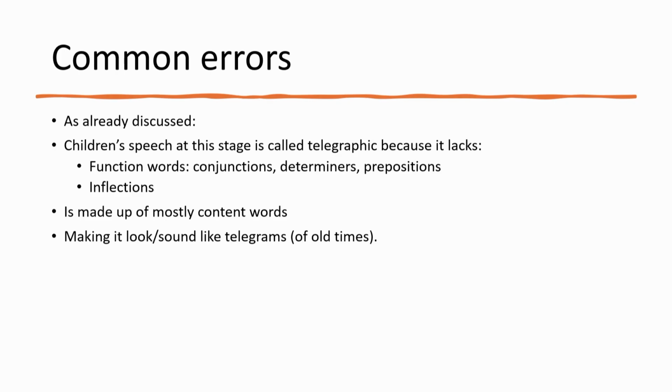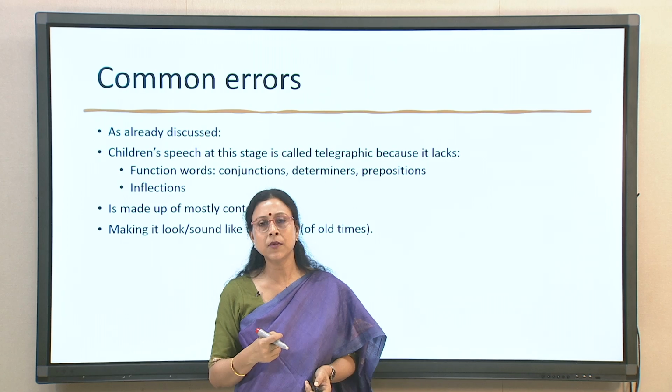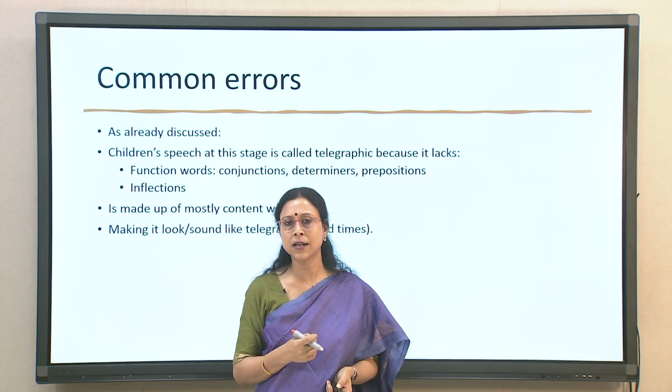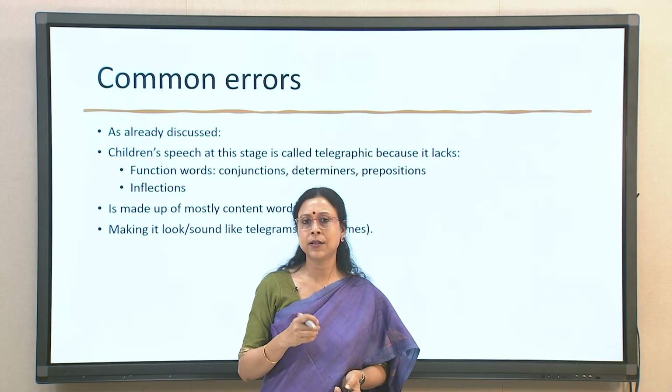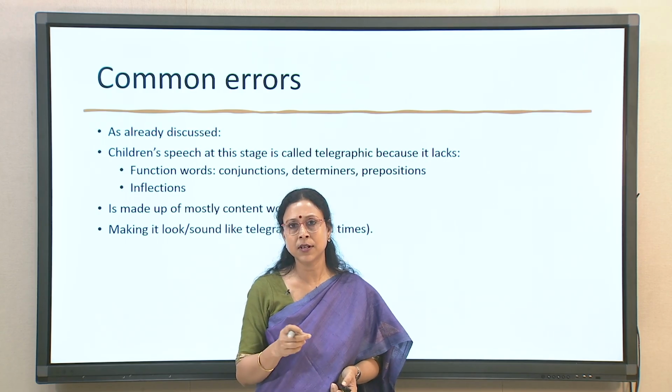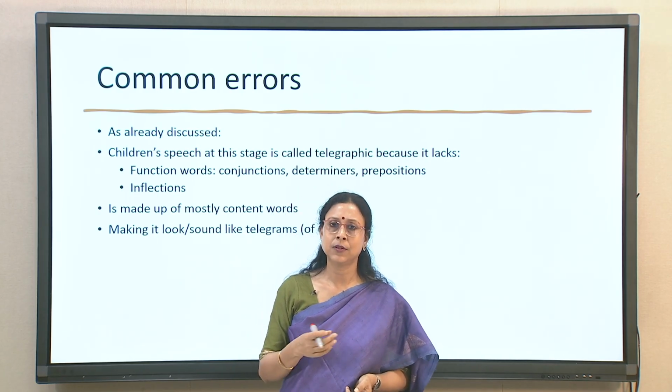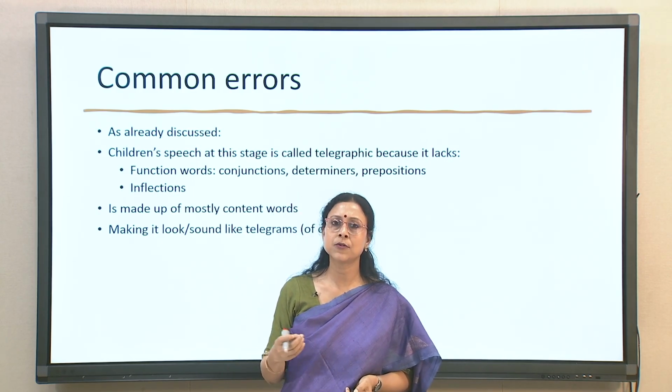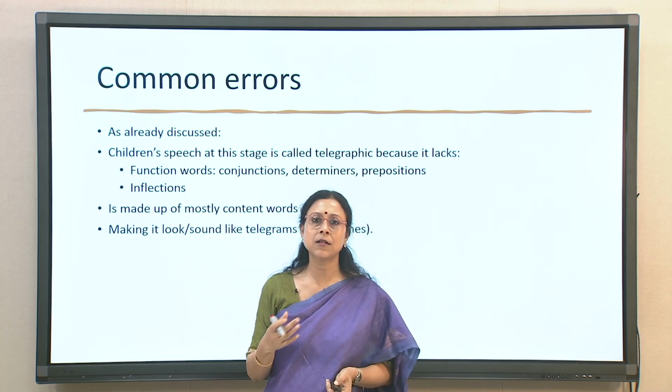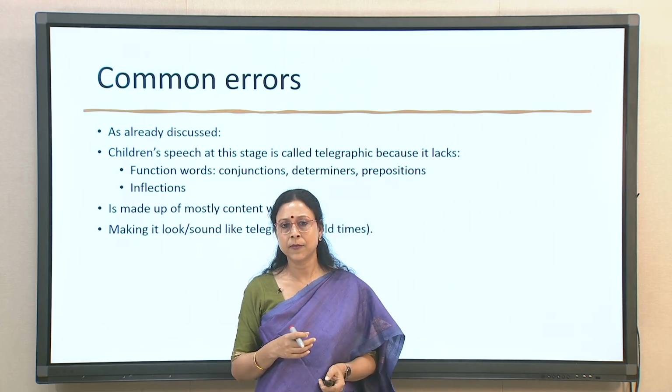This is how it typically starts. It looks like a telegram; in old times there used to be something called a telegram, where there were only the content words and no inflection, none of those auxiliaries, nothing. So, that is how it got the name telegraphic speech.